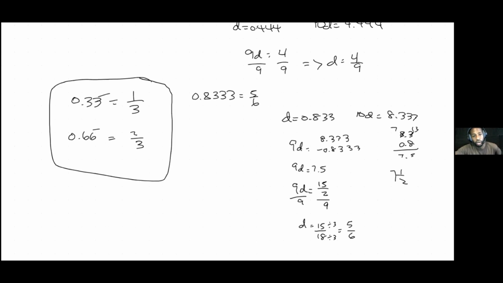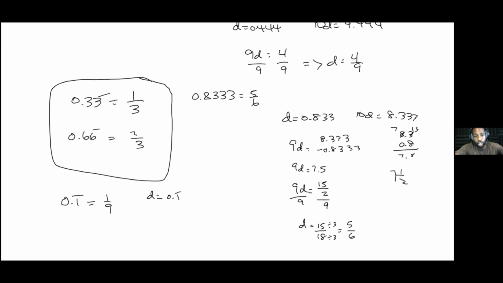But anyhow, if I'm not mistaken, 0.1 repeating, I think, is 1/9, but let's check real quick. We'll do it the same way. So D is equal to 0.1 repeating, and I'm choosing D just because D for decimal. You don't really need to worry about what letter you choose, in case you feel obligated to choose that.